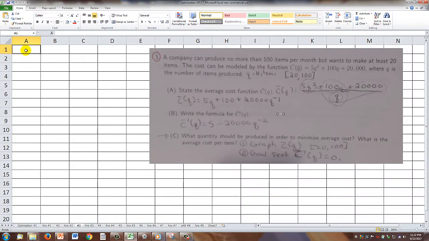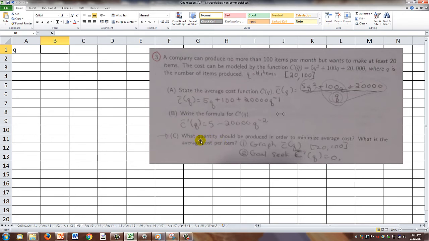Okay, so when you do these optimization problems, it's important to graph the original function and the derivative, and sometimes even more. So remember, we've got this cost function, and then we built an average cost function, and then we have a derivative of the average cost. And this question's only asking about the minimum average cost, and then it's asking about the average cost per item.